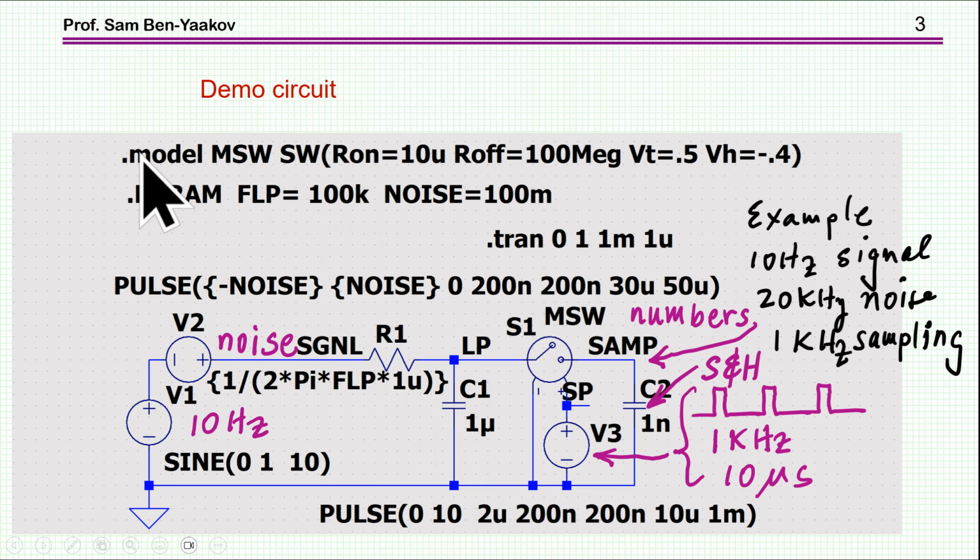And this is just for the model of the switch. So we are starting with an example of 10 Hertz signal, 20 kilohertz noise, and then 1 kilohertz sampling rate. So this is just as an example for the explanation.